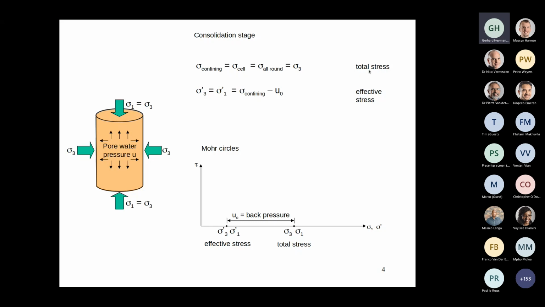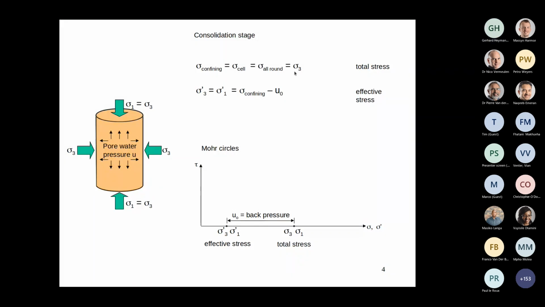And in terms of our calculations, that's what we're going to call sigma 3, without a dash. Without a dash implying that it's a total stress, the 3 implying that it is the minor principal total stress. So all of these terms appear in textbooks, so don't get confused, they all mean exactly the same. I tend to use the term cell pressure or sigma 3 total stress.